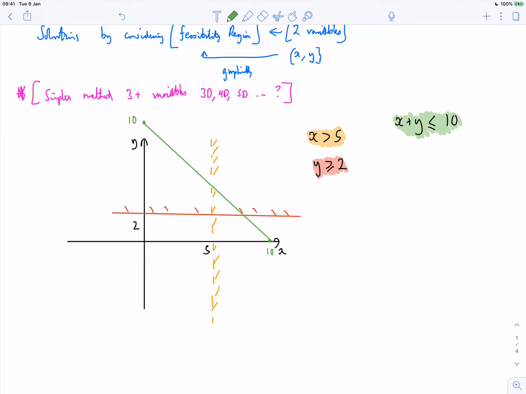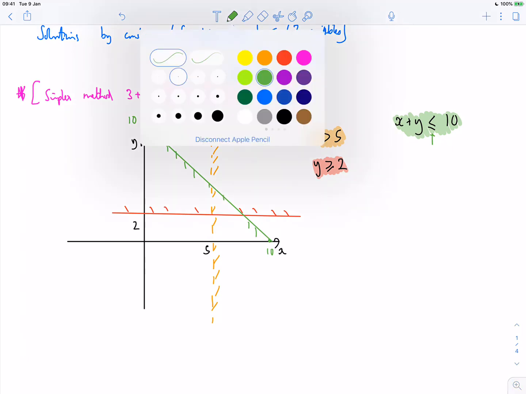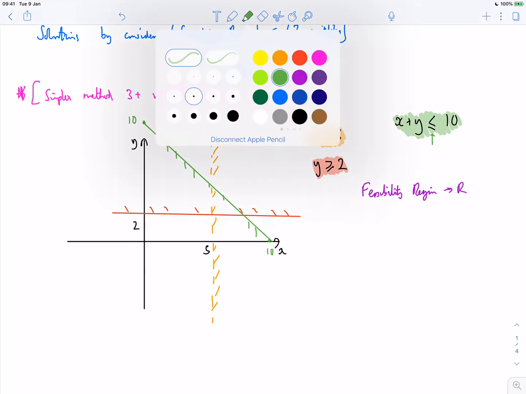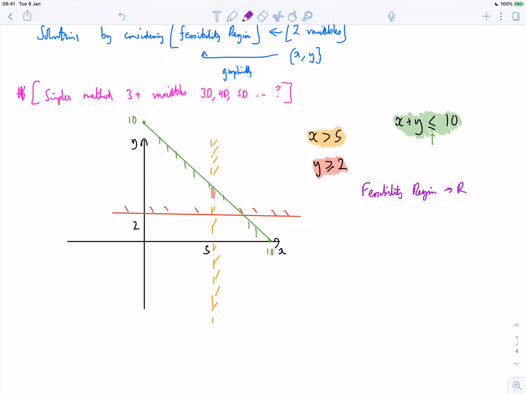It's a solid line because this is a less than or equal to inequality, and I want less than 10, so it's clearly all the points below this line. Can you see that the region, let's say the feasibility region, which is R, is only satisfied in this red triangle here?